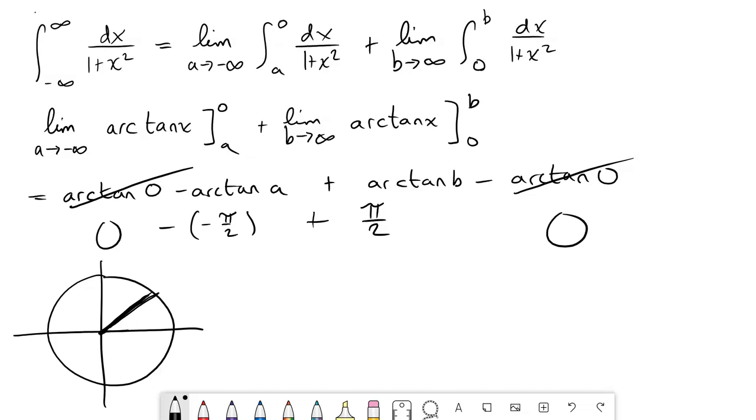Since it's sine divided by cosine, it's kind of like rise over run. So as we keep going this way, it's going to approach infinity. In other words, the slope is infinity, or it's just pi over 2 radians. And same thing here, it's approaching negative infinity, so it's negative pi over 2. That's how I like to think of arctan and tangent, so if you want to take that for yourself, you can.